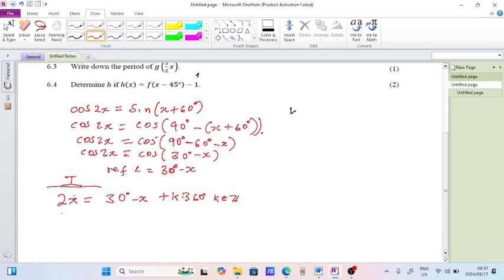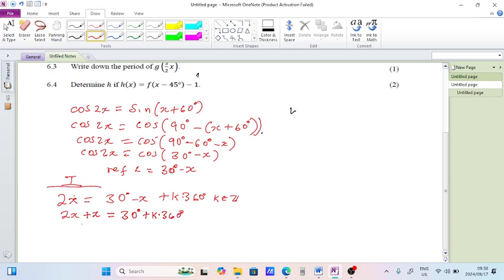Now, 2x equals, we should take x to the other side. So now it means 2x plus x equals 30 degrees plus k dot 360 degrees.